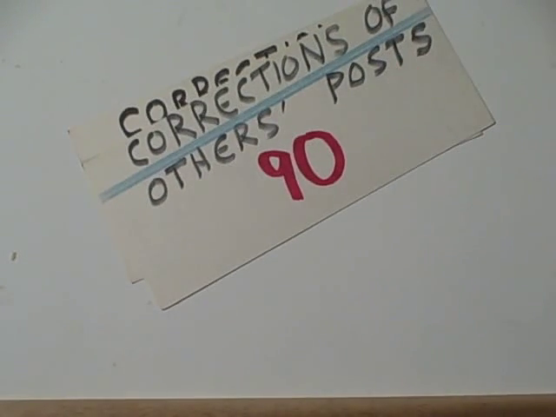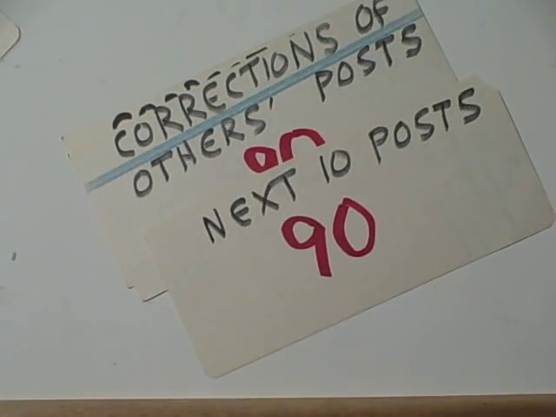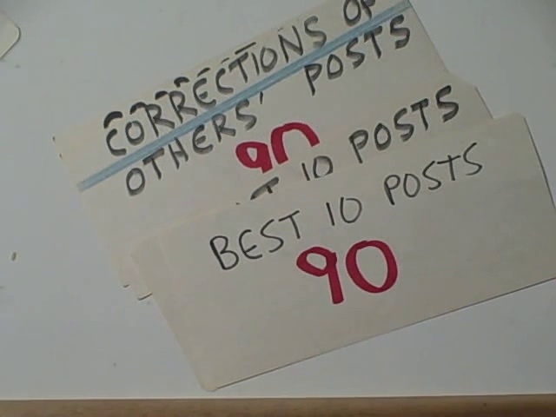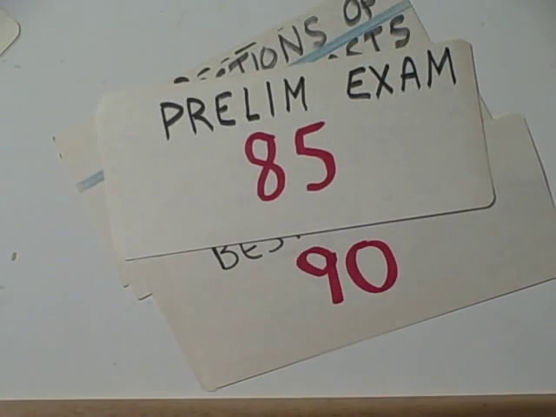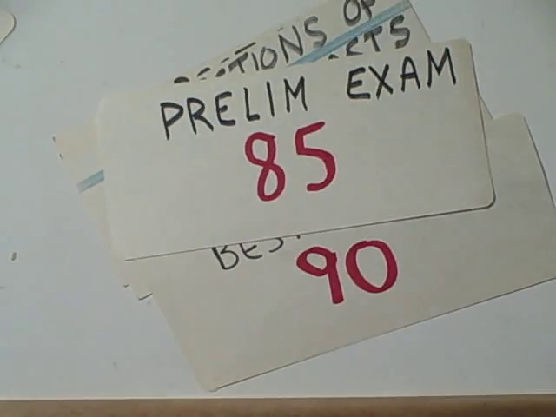That's another 90. Those posts where you yourself did poorly, hey, we don't have to count those. But the posts on which you did well, we're going to count. And let's see. You did well in that preliminary exam. We'll count that. We don't have to count the things, including the final exam, on which you did poorly.